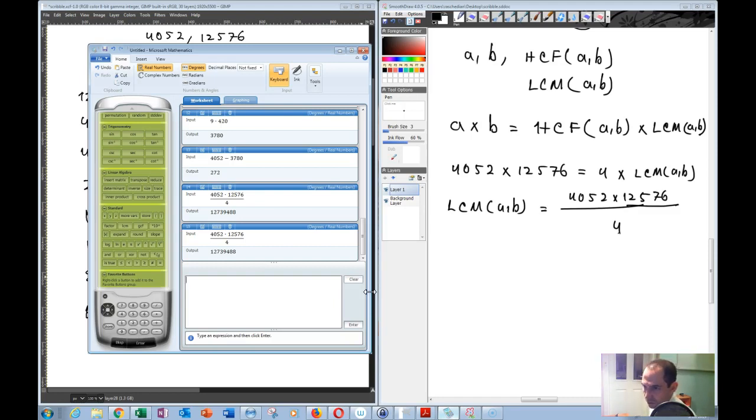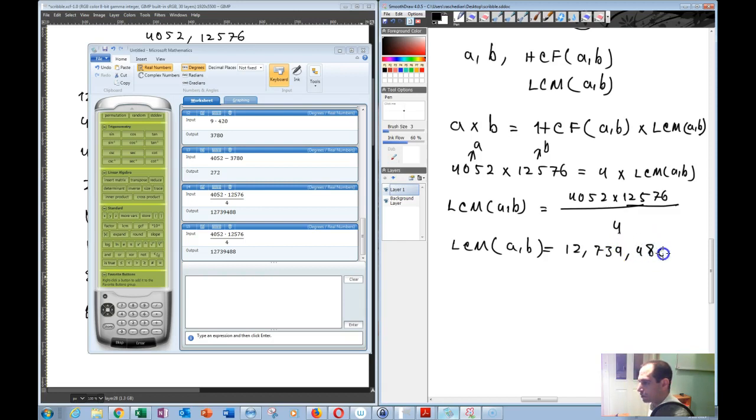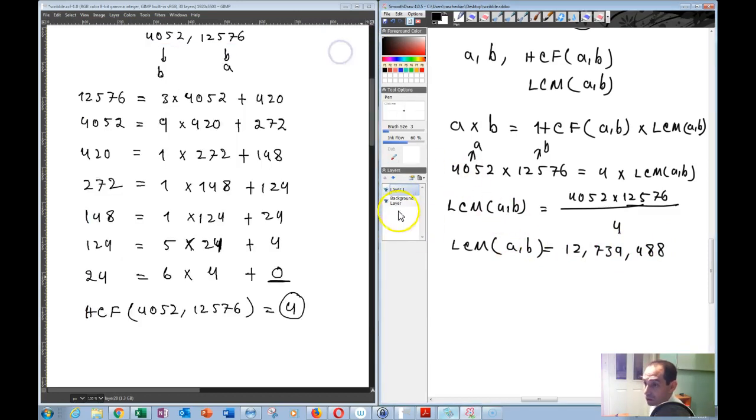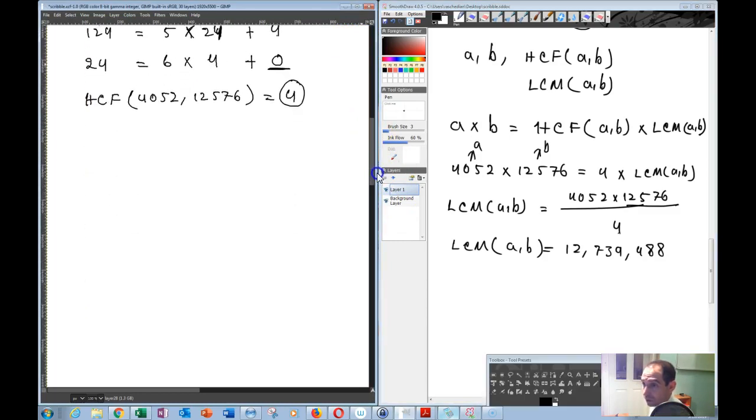It's this number over here, 12,739,488. So the LCM of these two numbers, call this A for example, call this B, the LCM of A and B is equal to 12,739,488. And imagine that you wanted to calculate this number. Actually, it would take you forever to calculate it. So it's actually brilliant.